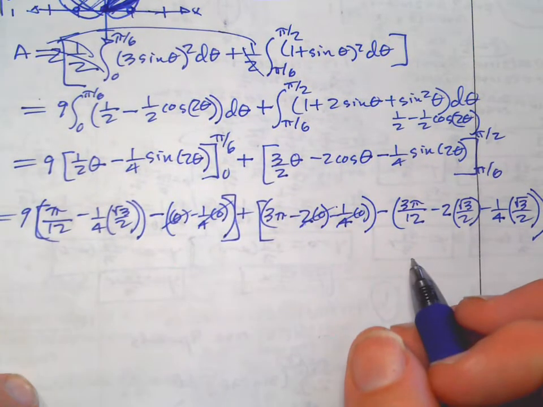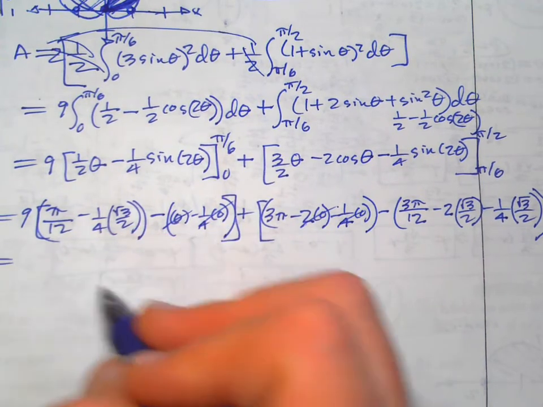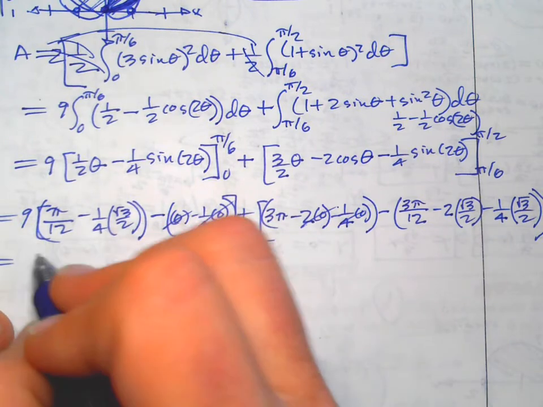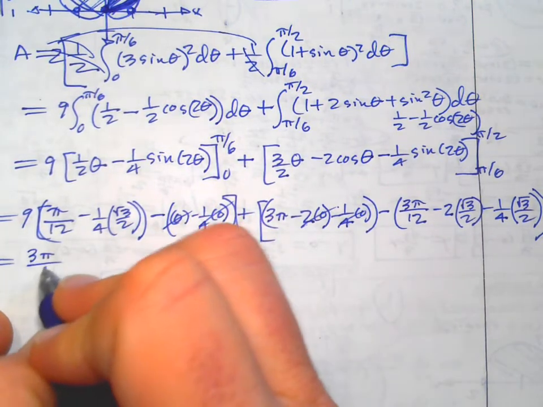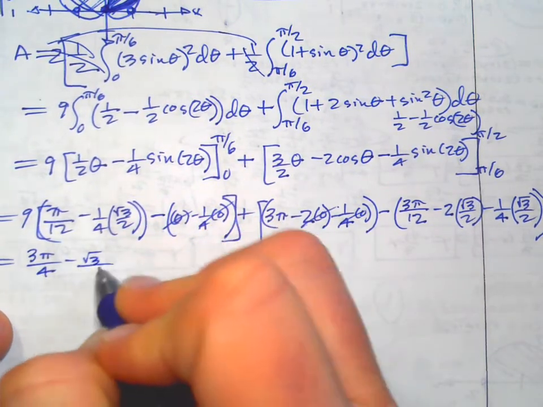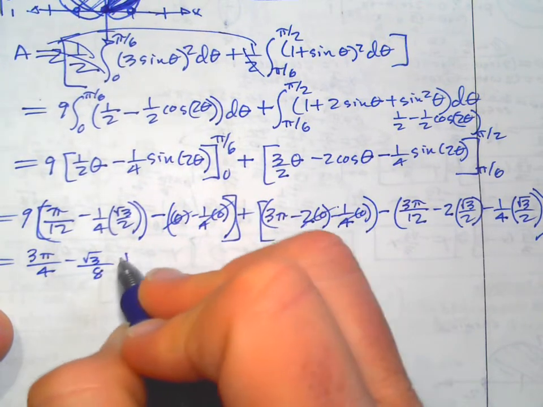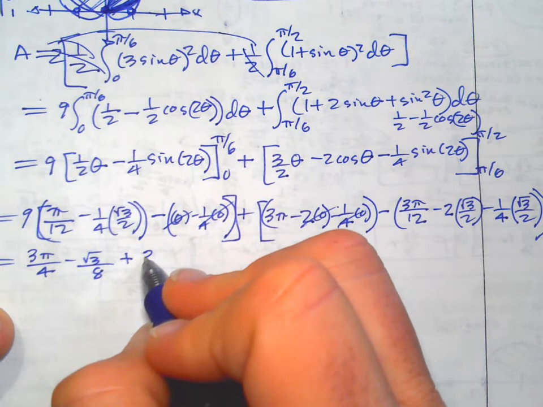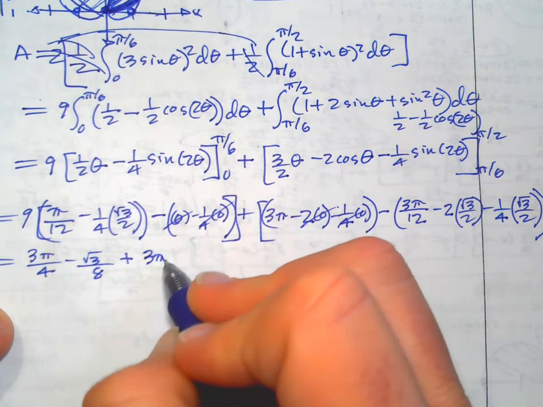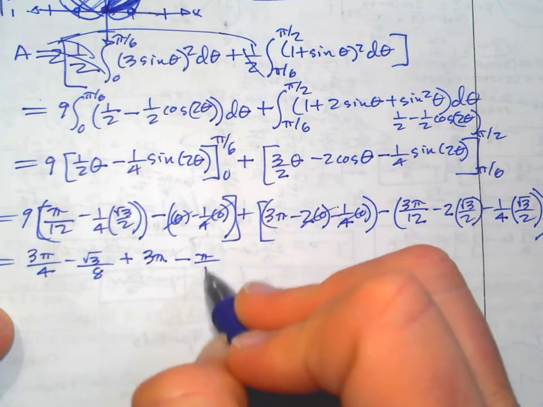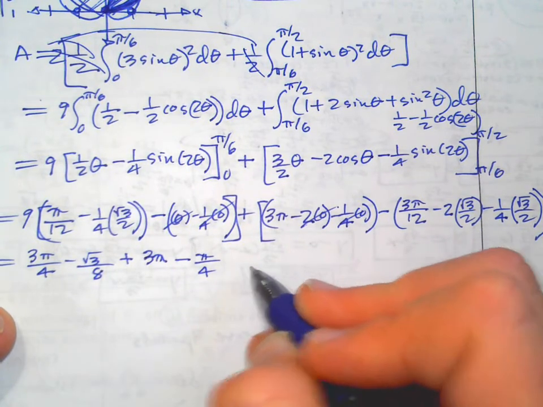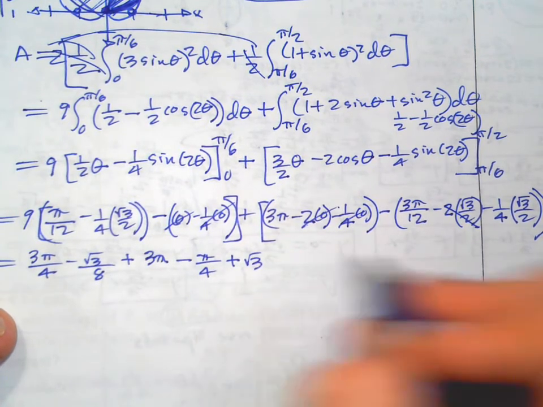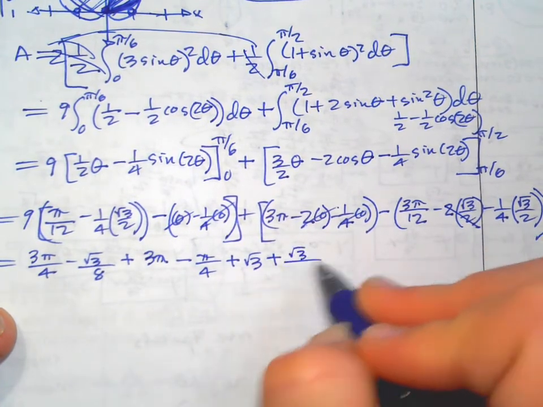Okay, let's see. Can we clean this up? 3 pi over 4 minus root 3 over 8 plus 3 pi minus pi over 4 plus root 3 plus root 3 over 8.